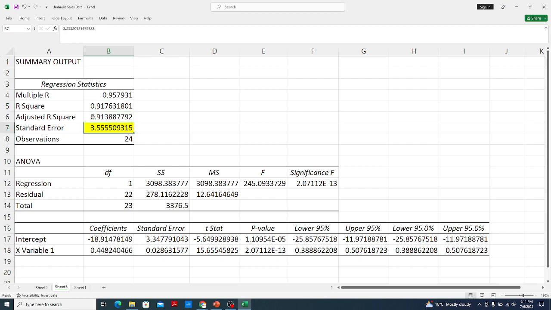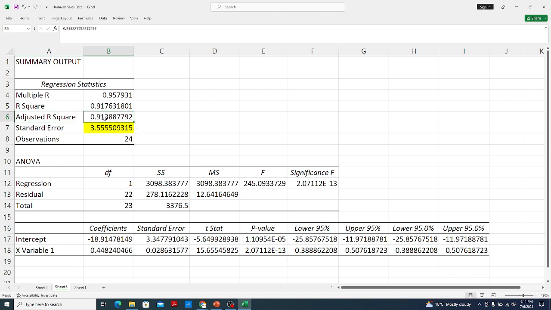Now we have adjusted R square. For adjusted R square, under simple linear regression, it's always not applicable. But when you are dealing with multiple linear regression, it's always advisable to use adjusted R square.